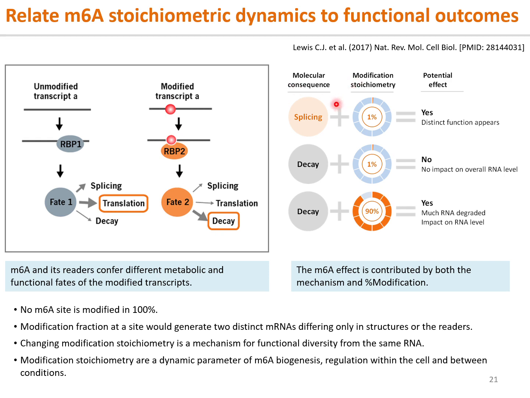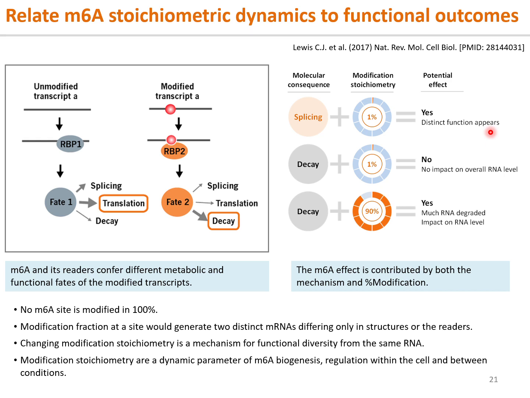For example, if the molecular consequence of the modification is splicing, even a small percentage of modified RNA can have a significant biological effect, as the alternatively spliced isoforms can emerge and yield different function.